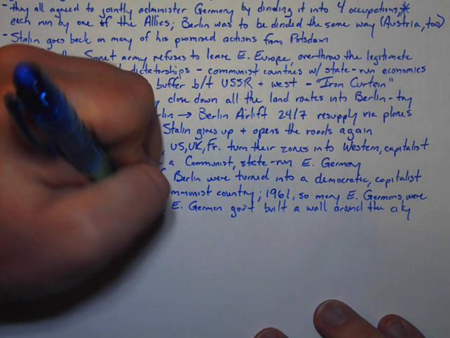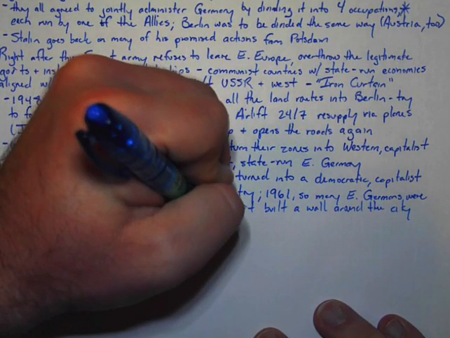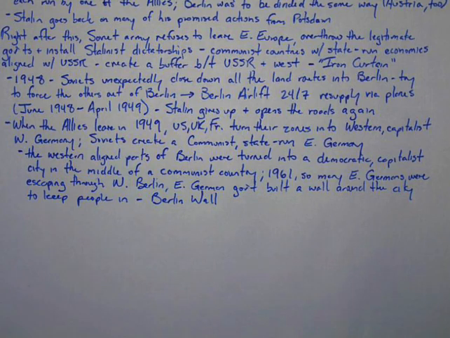And this became known as the infamous Berlin Wall. When the Berlin Wall comes down in 1989, that is one of the first signals that the Cold War is finally coming to an end.